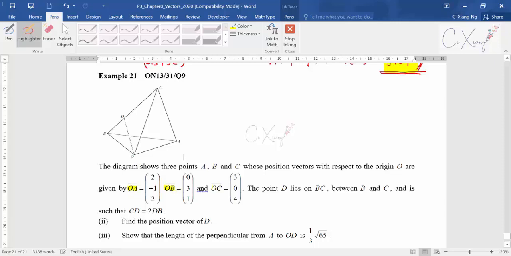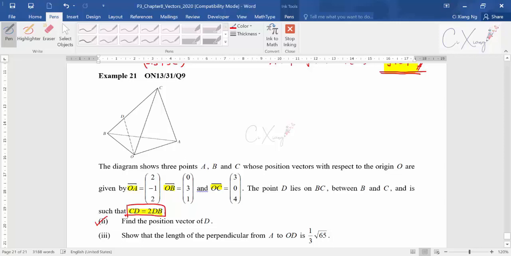Then the point D lies on BC between B and C and is such that CD equals 2 DB. By using this information, please find the position vector of D.